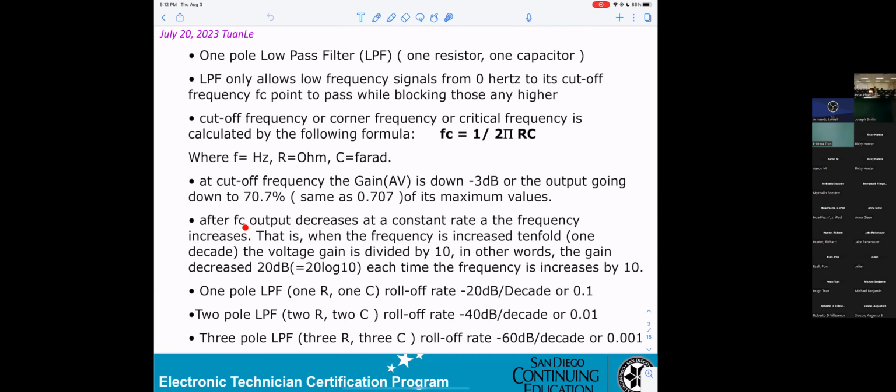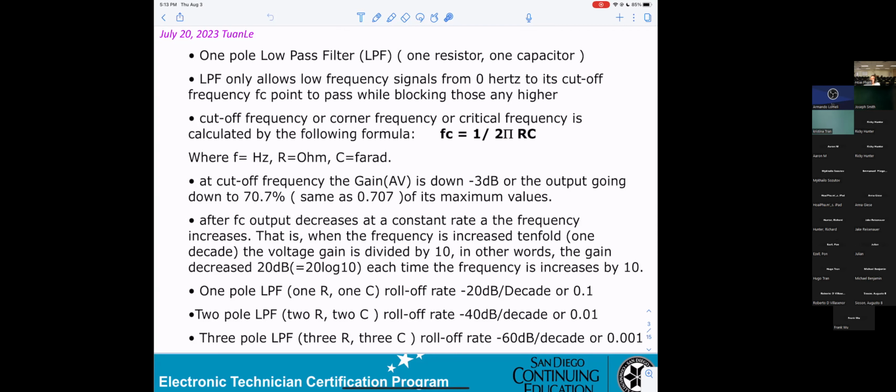After cutoff frequency, the output decreases at a constant rate as the frequency increases.